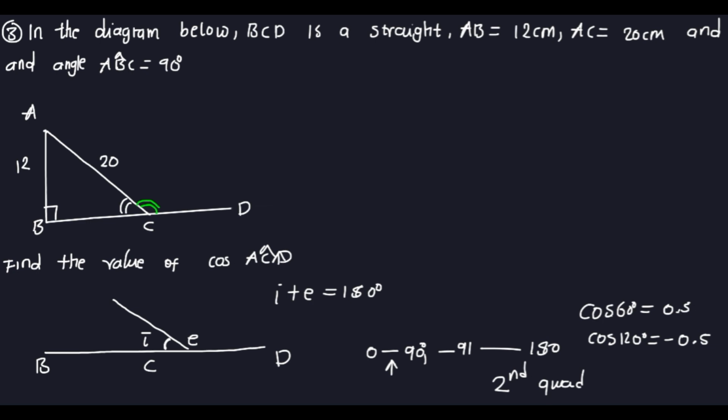So what we are going to do is find the trig ratio for the inside angle ACB, this one inside here. This inside is denoting the angle in the first quadrant. Then to find the angle in the second quadrant, we are just going to introduce the negative.